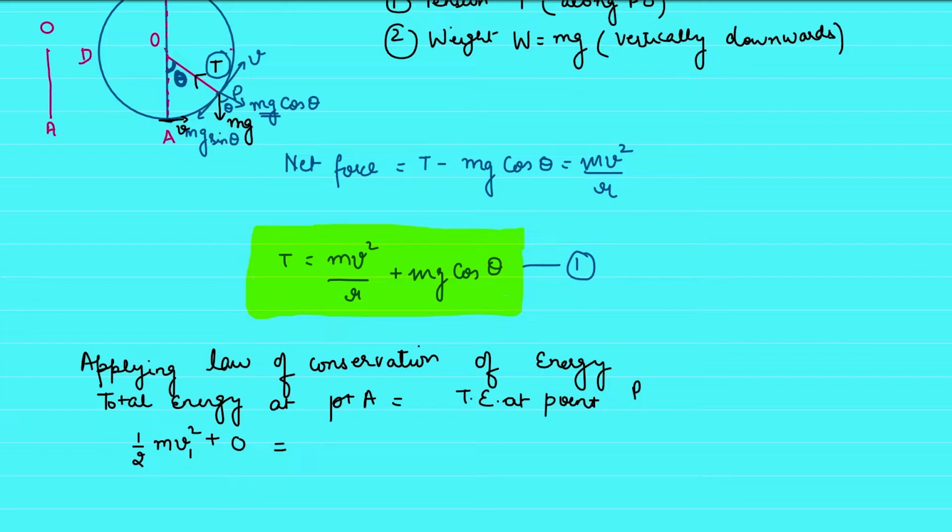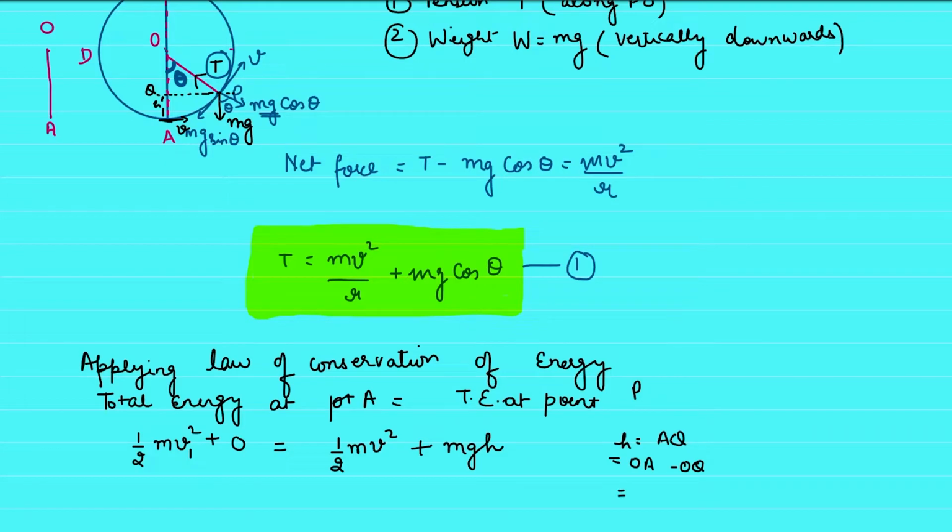And at point P, the kinetic energy will be half m v square plus potential energy will be mgh, where h is the height of point P from the reference level A. Now, if this is your h, and I assume this as point Q, can I say that h is equal to AQ, which I can write as OA minus OQ. Okay, and what is OA?